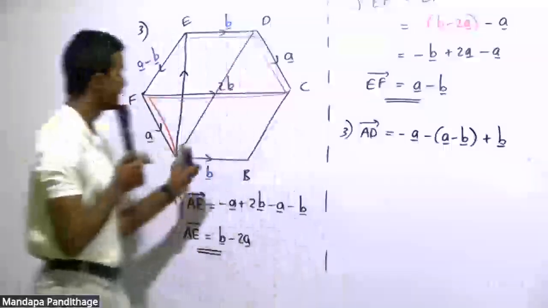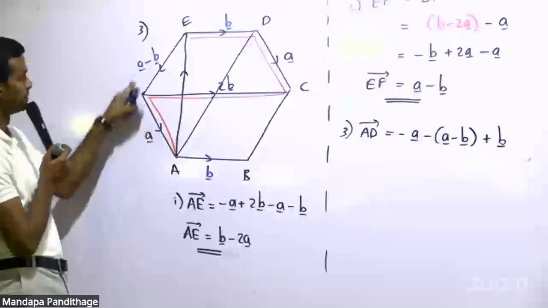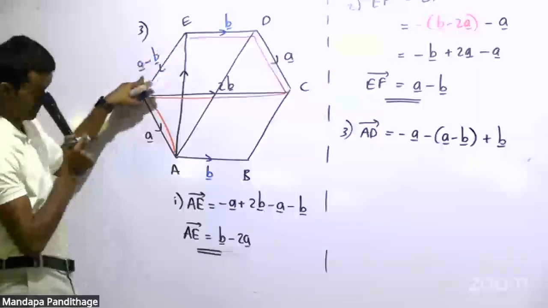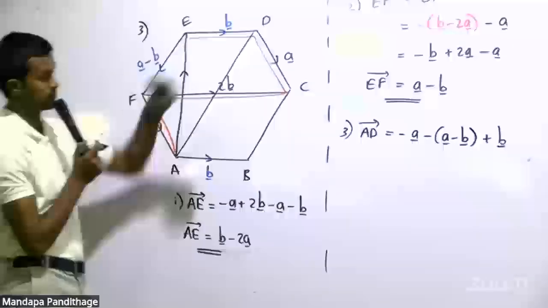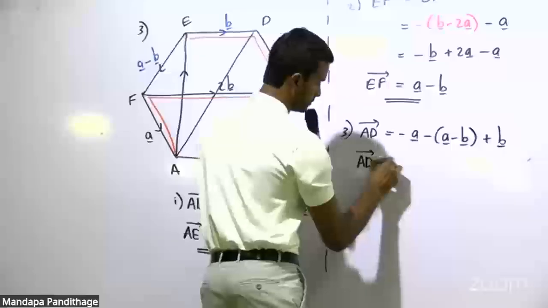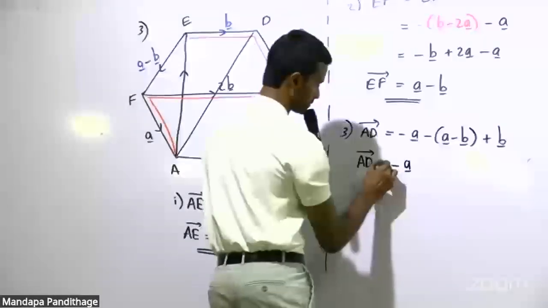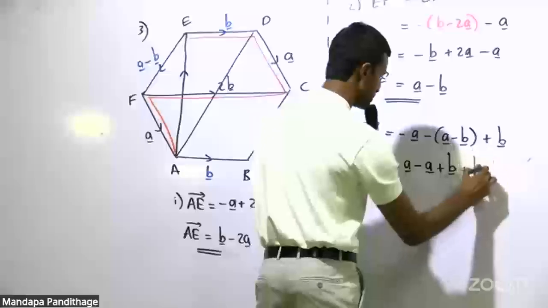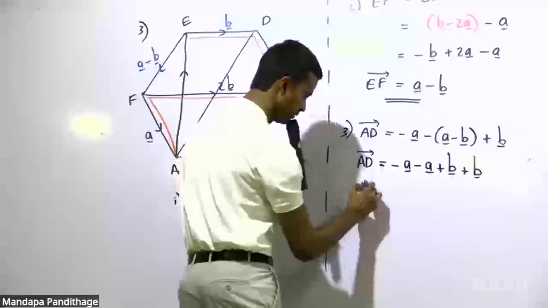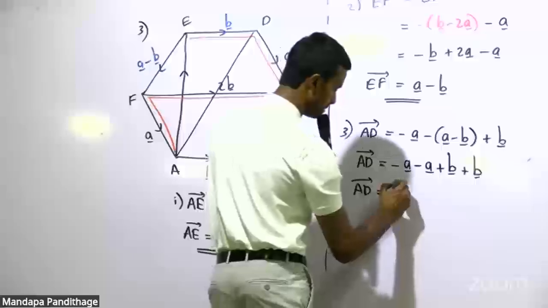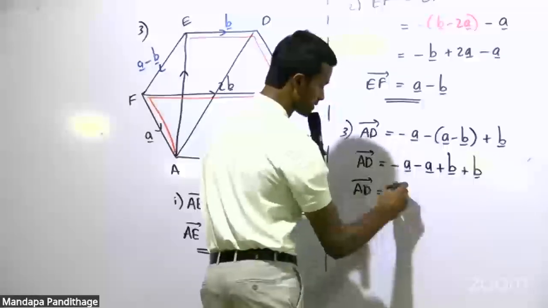So look at the arrow, there should be arrows. Minus of this: minus A minus B and plus B. So then AD is minus A minus A plus B plus B, which is equal to 2B minus 2A.